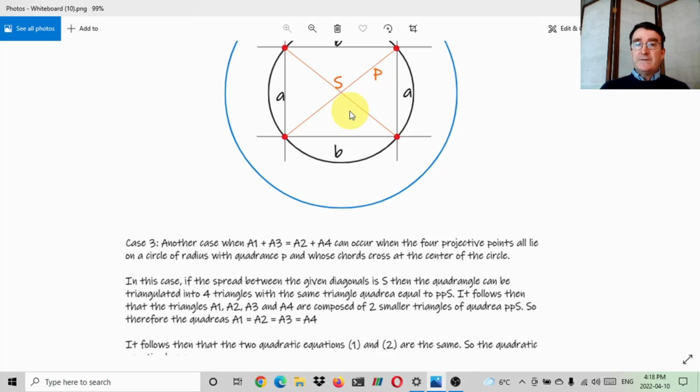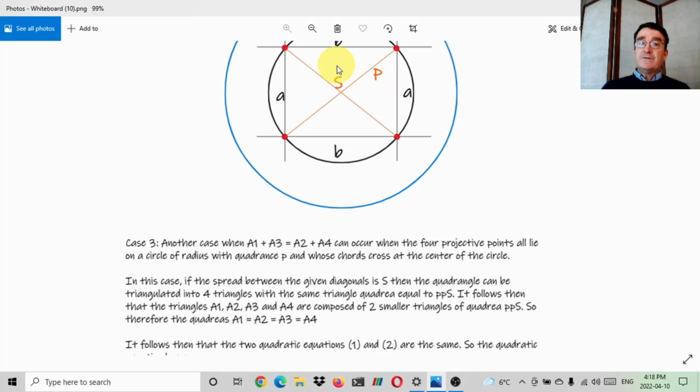And by symmetry, we have 1 minus S2 is equal to 1 minus S4. So let's say this is S2 here and this is S4 down here. They are identical by symmetry. And we get A, the quadrea of the projective quadrangle, minus A1 minus A3 is equal to, without the square now because we have squares on both sides, 2 times A times B times 1 minus S2.